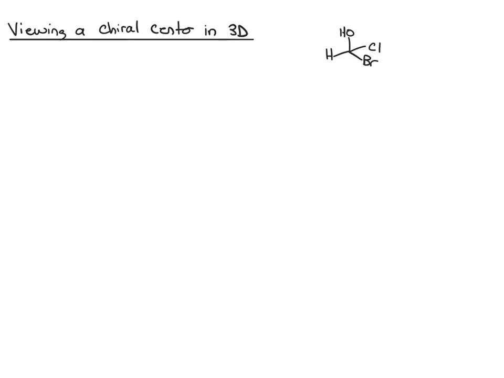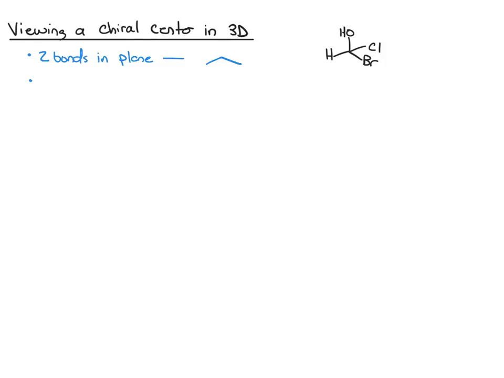What we're going to do next is take this first chiral molecule that we looked at and actually draw it and visualize it in 3 dimensions, because right now everything's drawn as flat, so you don't really know what the 3D structure is. When you're drawing a chiral center in 3D, you always want 2 bonds in the plane, and you draw those as just straight lines, so here could be 2 bonds in the plane.